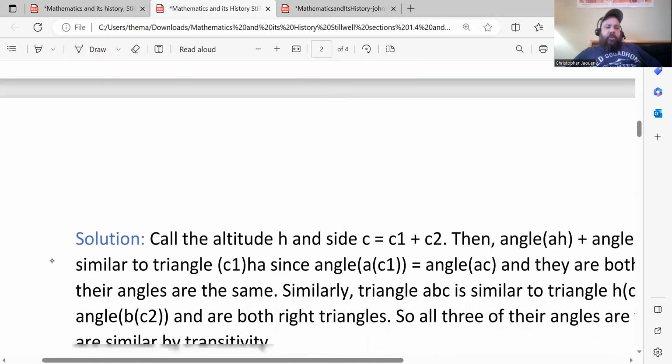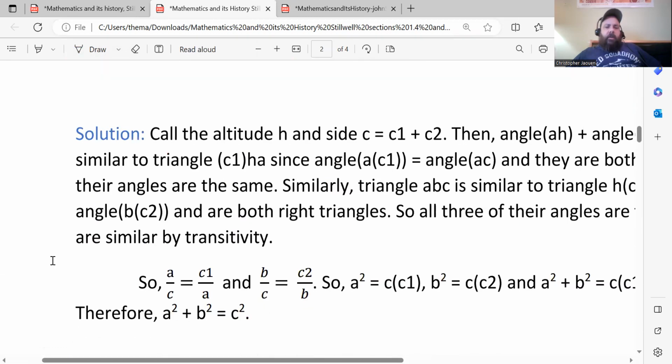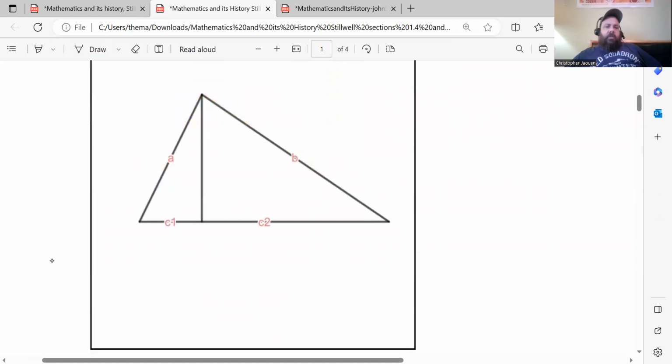So from the picture, here call the altitude H, and side C is C1 plus C2, just so you can see in the picture. So side C is C1 plus C2, and H is the altitude.